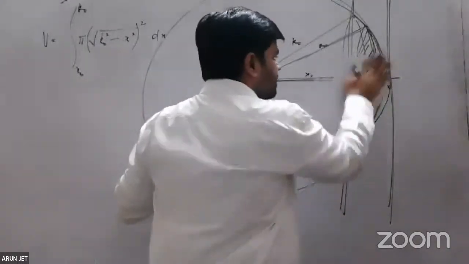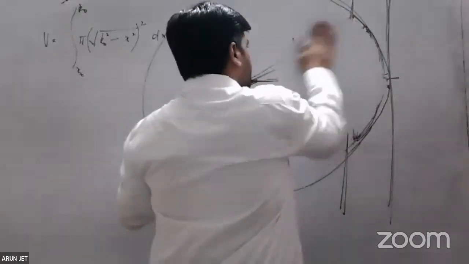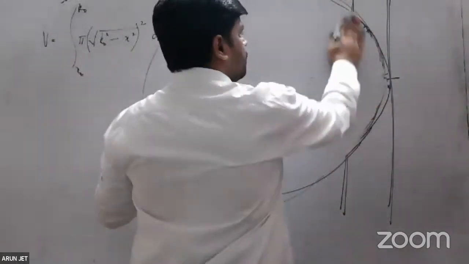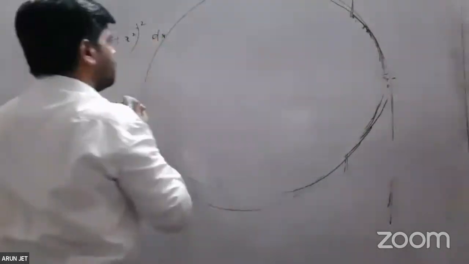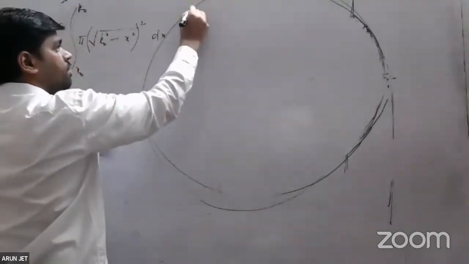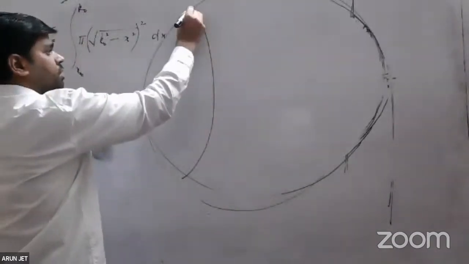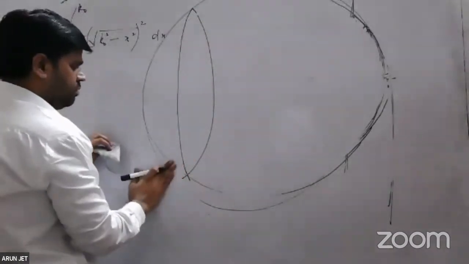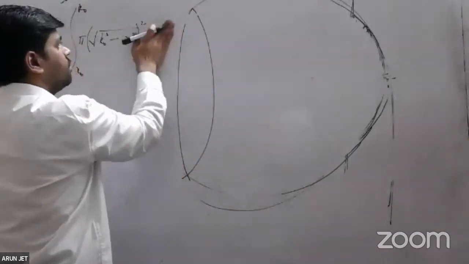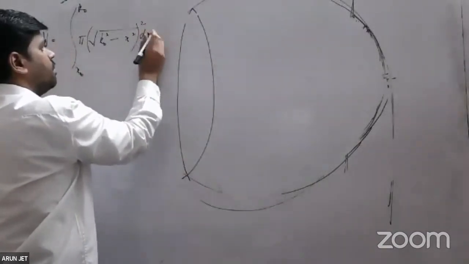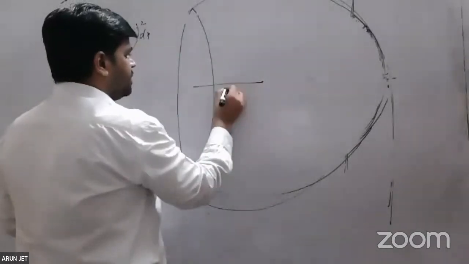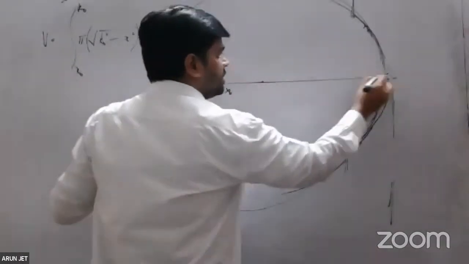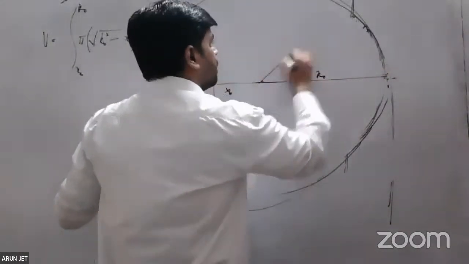Okay, look at this now. But I don't want this plano-convex lens. I want the volume of this one, where the central distance is x naught and the radius is r naught.